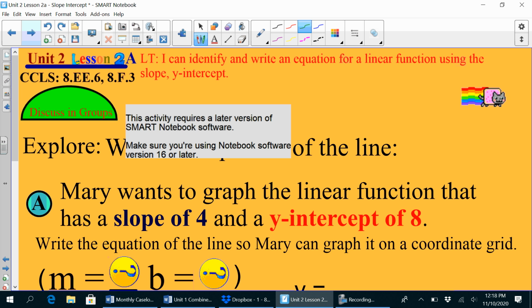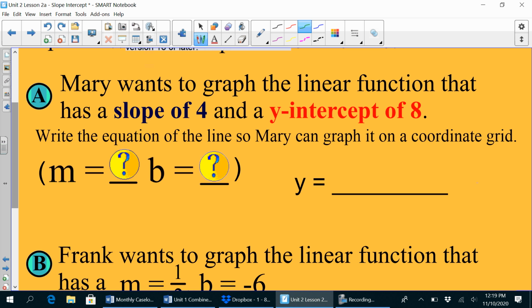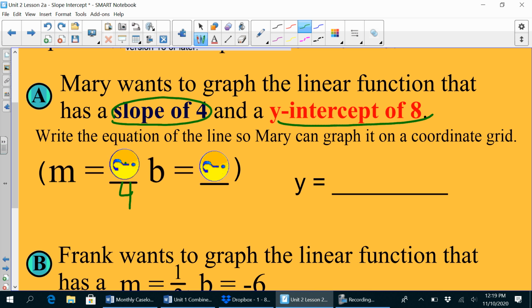So it says, write the equation of a line. Mary wants to graph the linear function that has a slope of 4 and a y-intercept of 8. Write the equation of the line so that Mary can graph it on a coordinate grid. So if the slope is going to be 4, and I'm taking that right from the problem, and the y-intercept is 8, so I'm going to fill that in here.